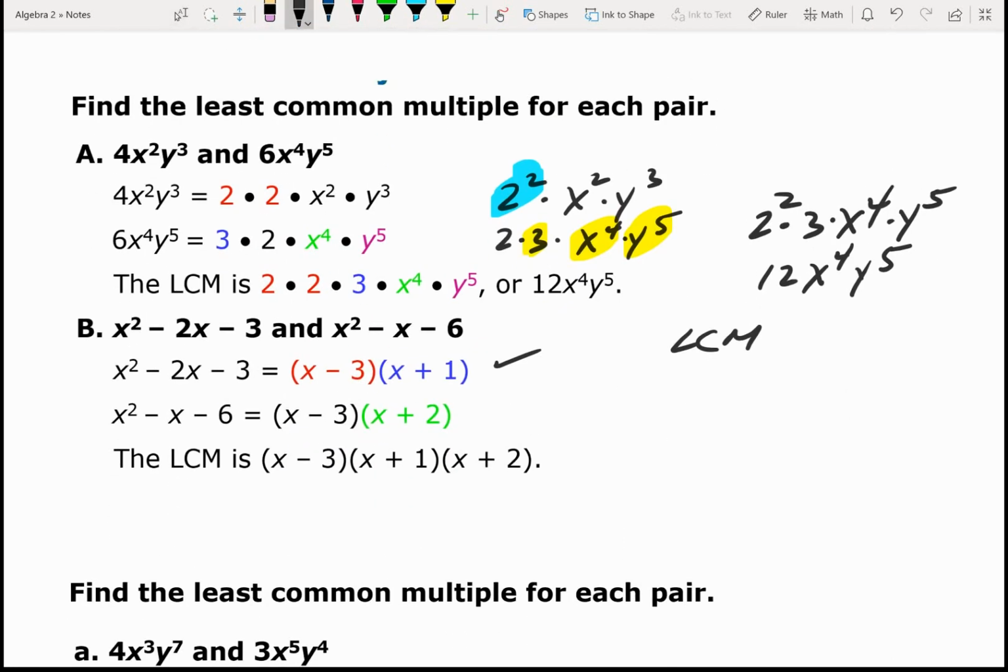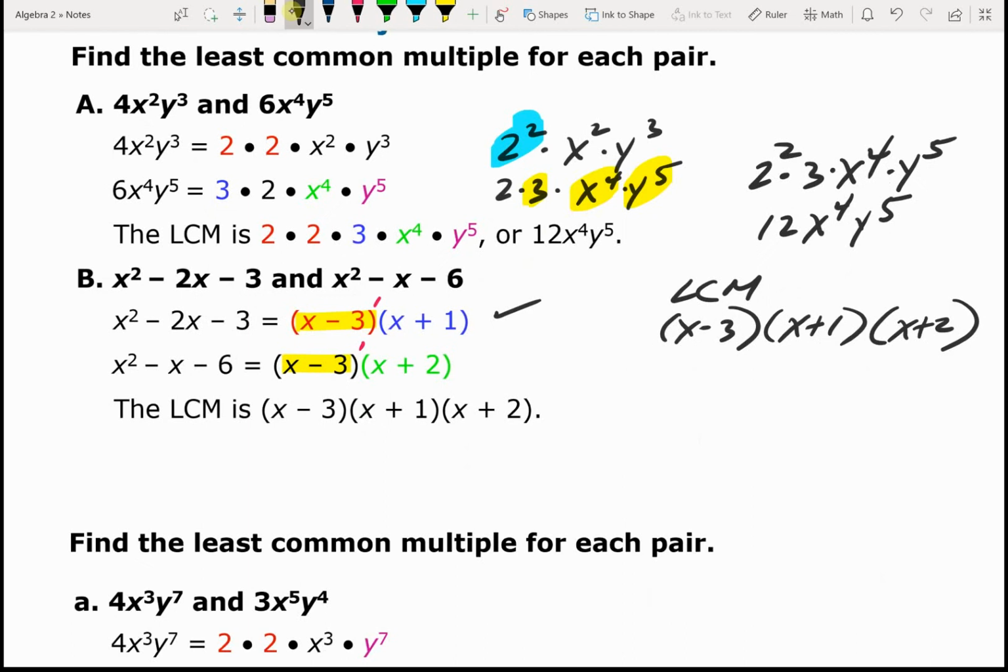I have x minus 3 and x minus 3, and the powers are the same, so I need the x minus 3. And then I need the x plus 1. I have to include all the factors, and then the x plus 2. So the least common multiple would be x minus 3 times x plus 1 times x plus 2.